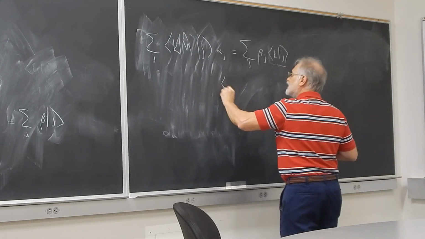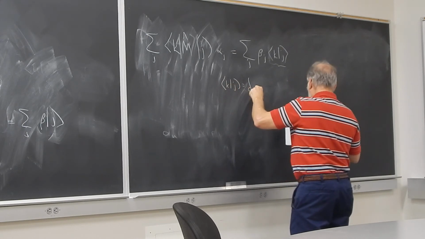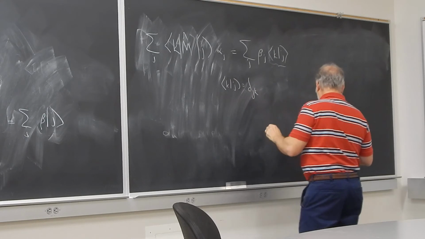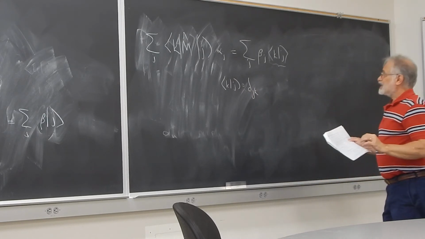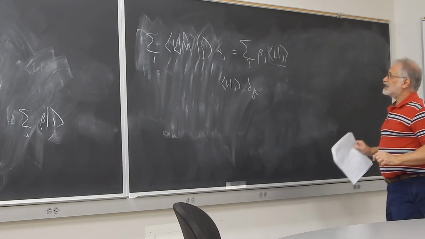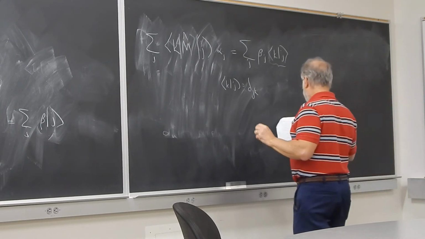In other words, bra k ket j is equal to Kronecker delta jk. So unless k equals j, it's 0. So the sum on the right-hand side collapses to just one term. It's just going to be beta sub j.